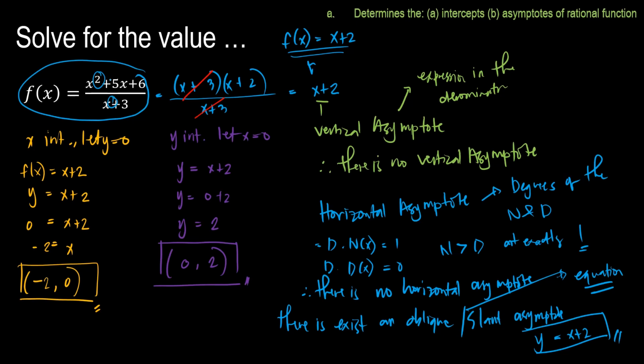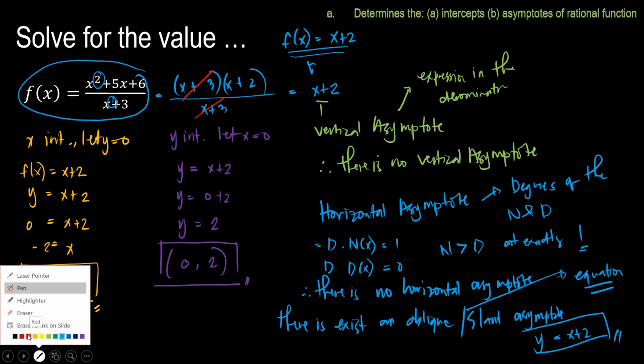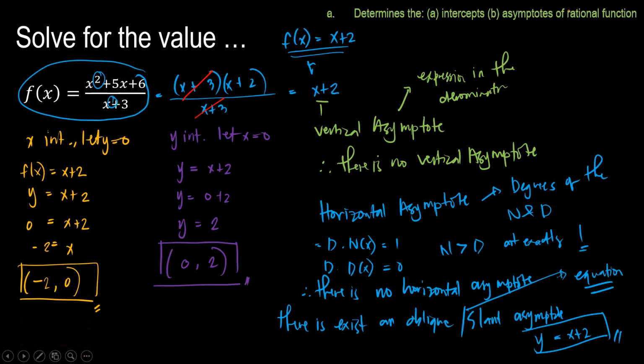So, therefore, merong oblique kasi exactly 1 yung itinaas ng numerator kay denominator. So, ang gagawin nyo class, i-divide nyo. Okay? Use the long method. So, let me do this here. So, we have x squared plus 5x plus 6. Dapat mapatunayan natin ang lalabas dyan ay this one.